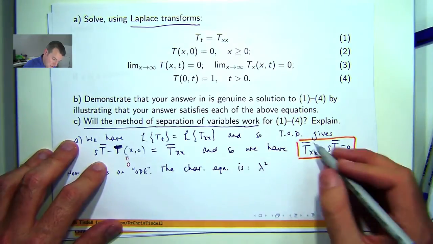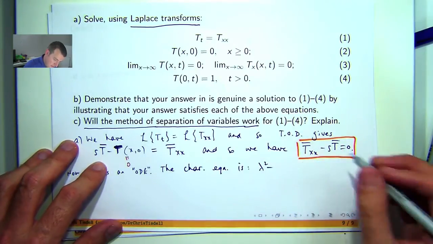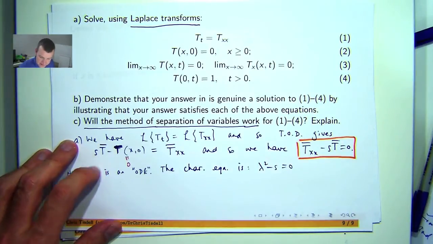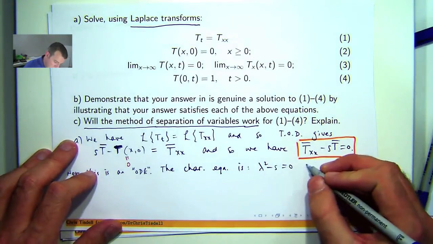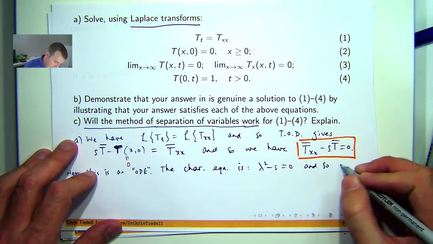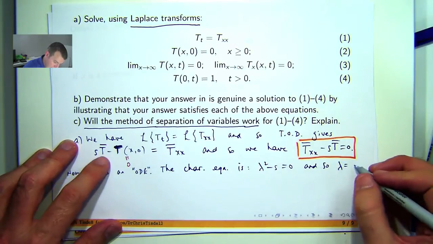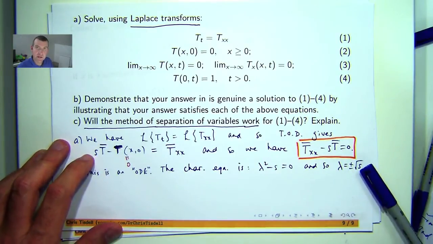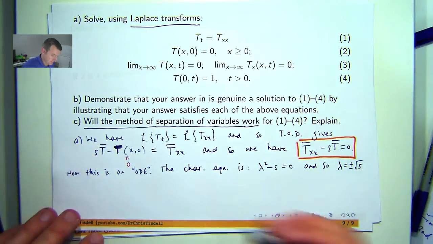It'll be lambda squared from that minus S equals 0. And so solving for lambda, and S is positive here, we get the following. Now these are going to be real numbers, and you can see that they're not equal.